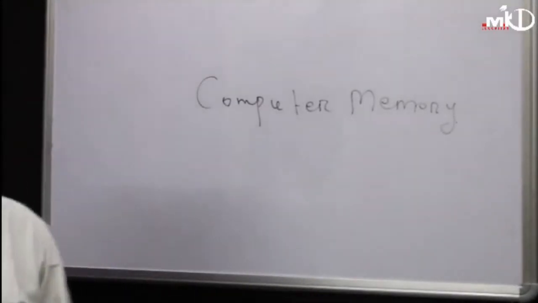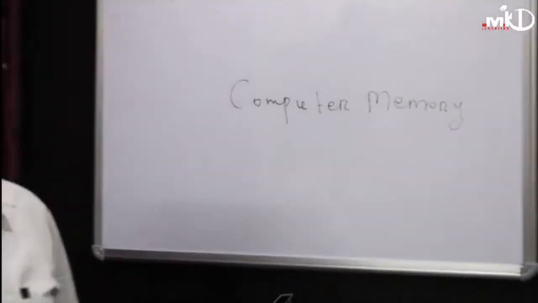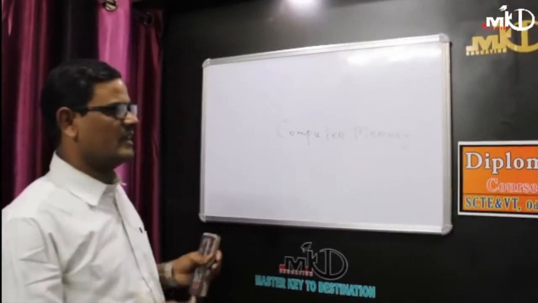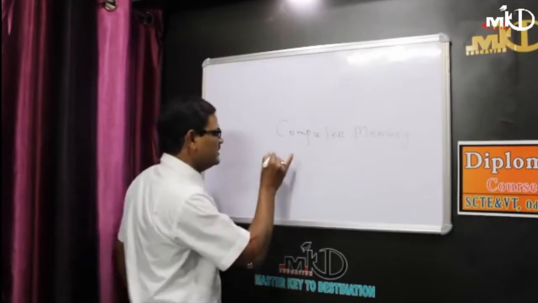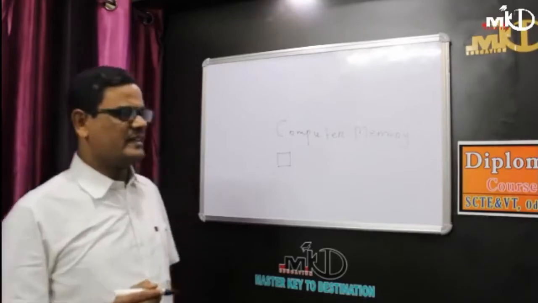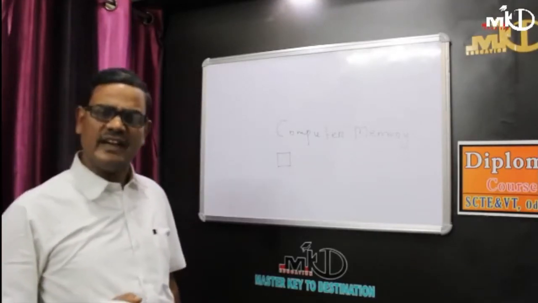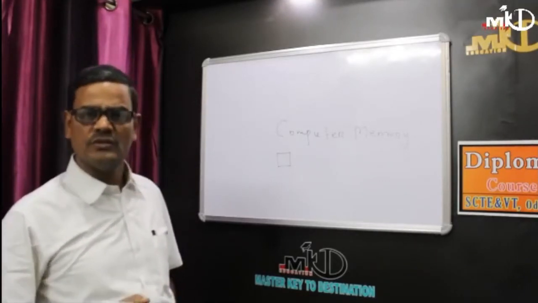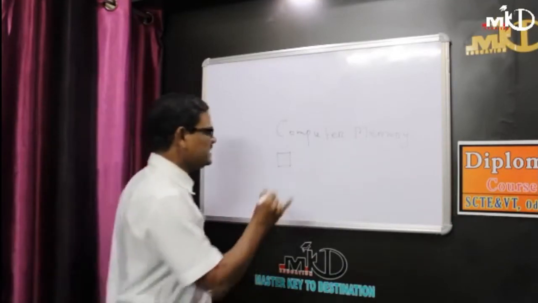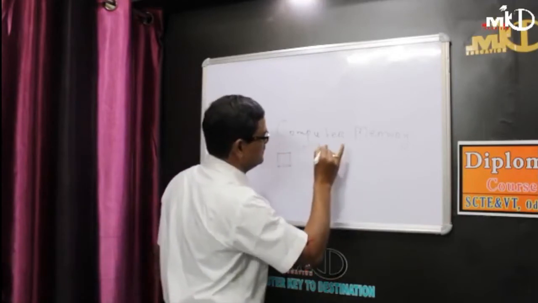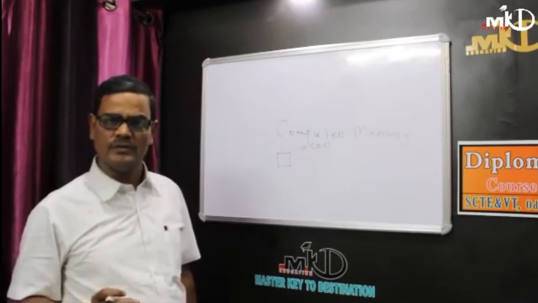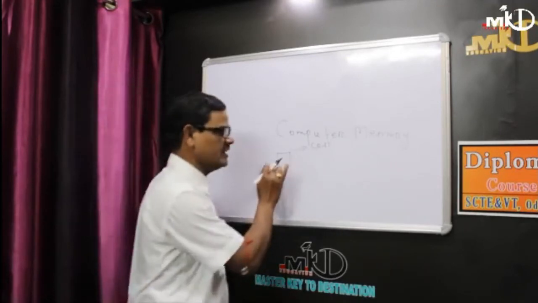Actually, memory is physically organized as a large number of cells, and in those cells we store digital values, that is 0 and 1. This is called a cell, a logical piece of information stored in the cell.